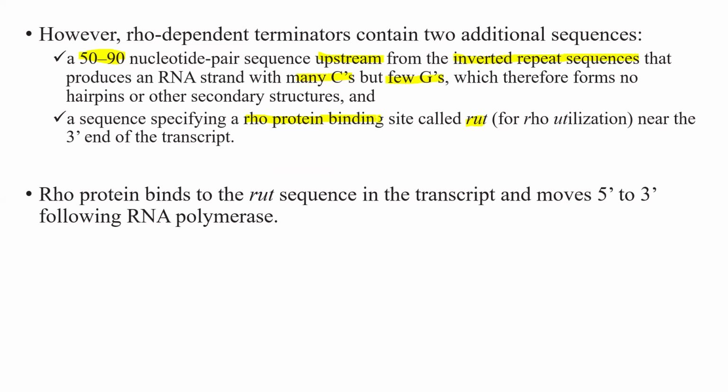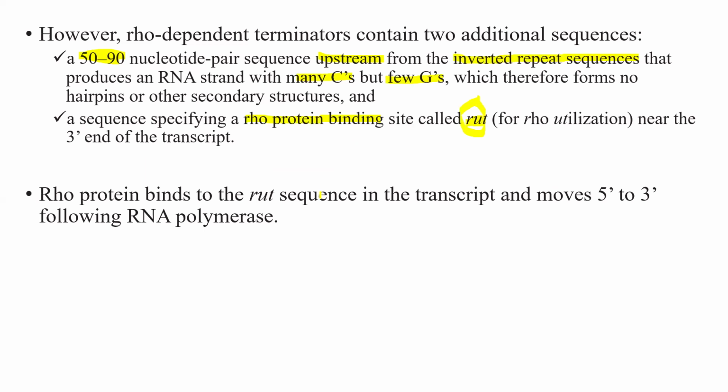So what happens? Rho protein comes and binds to this RUT sequence, and rho protein not only binds to the RUT sequence, but will move in the 5' to 3' direction. It will run in the 5' to 3' direction.